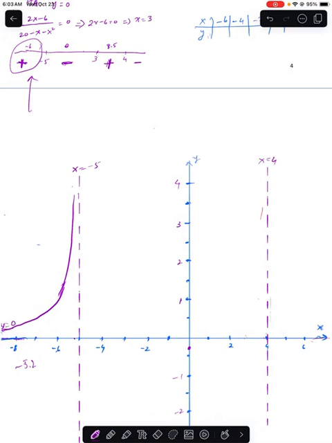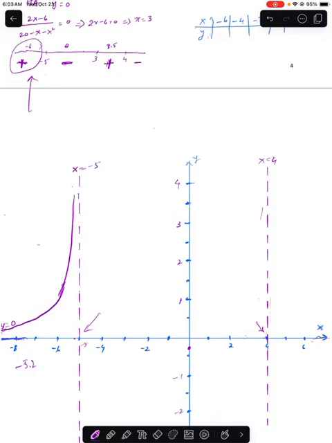So when we go to the right side of -5, we notice that the graph is going to be negative. So from -5 until 3, 3 is over here, and this is -5. So in this broad section, the graph is below the x-axis.